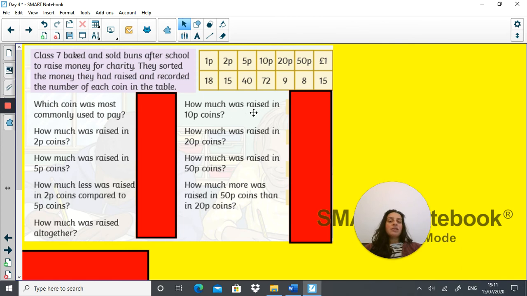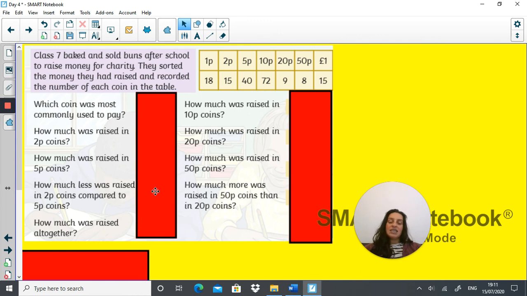How much was raised in 10p coins? And how much was raised in 20p coins? How much was raised in 50p coins? And finally, how much more was raised in 50p coins than 20p coins? This requires a bit of multiplication and subtraction.